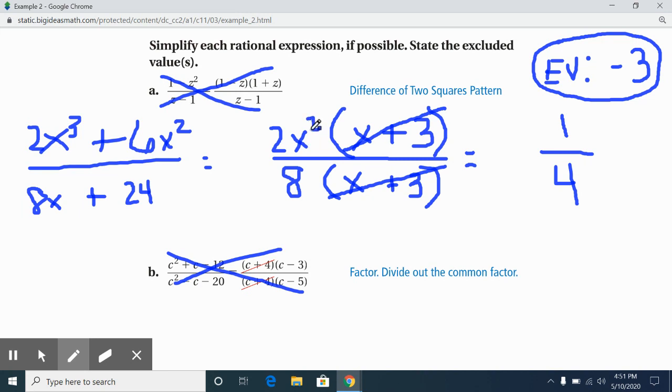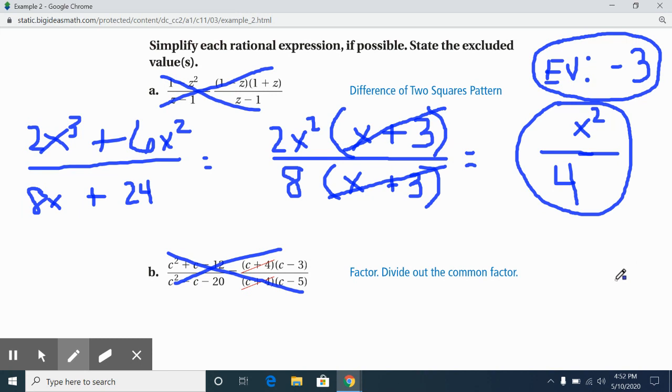So x squared, there's nothing down here to simplify it with or cancel it out, so that just remains on the top. As I always say, do we really need a 1 there? We don't. So our answer would look like this: x squared over 4 is our simplified answer, with our excluded value being negative 3.